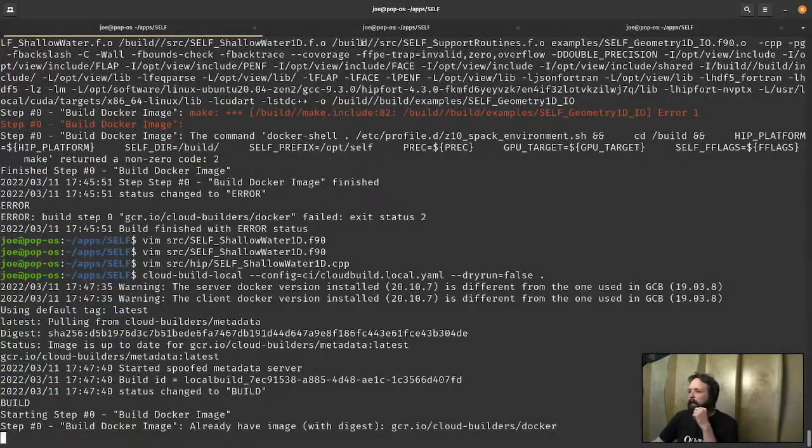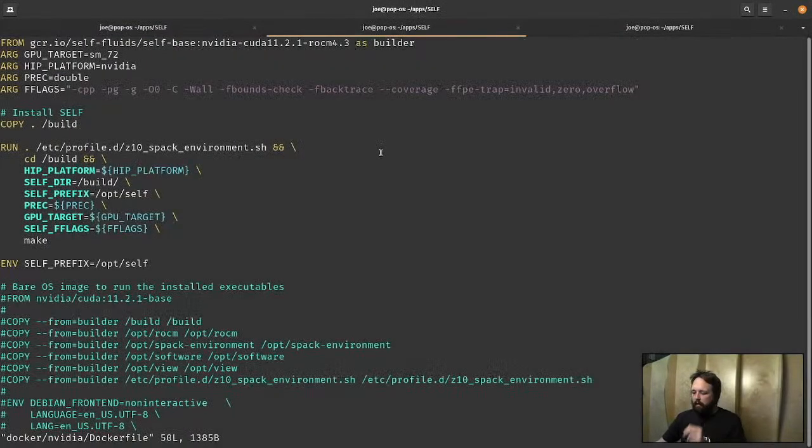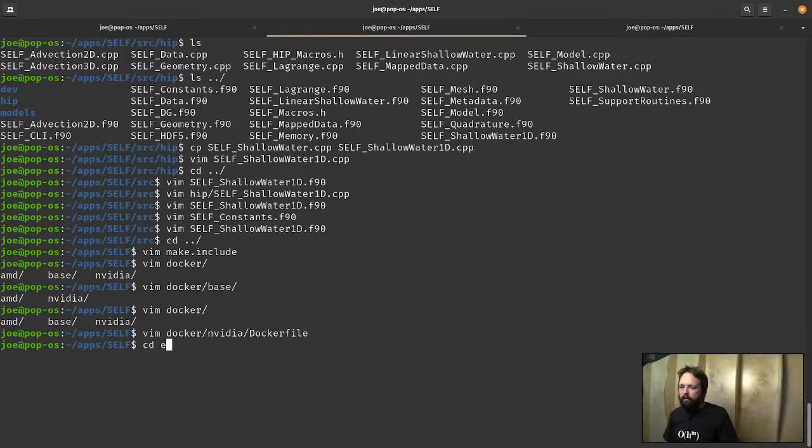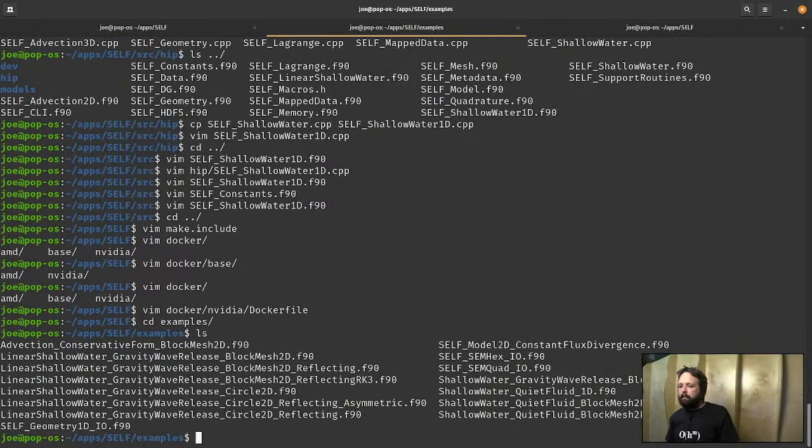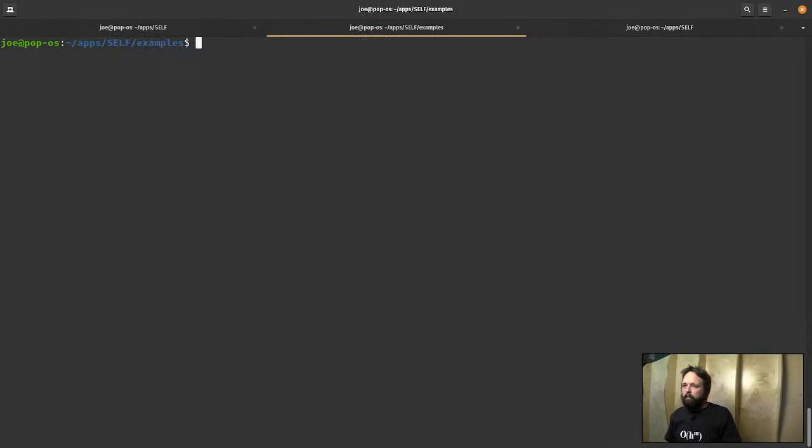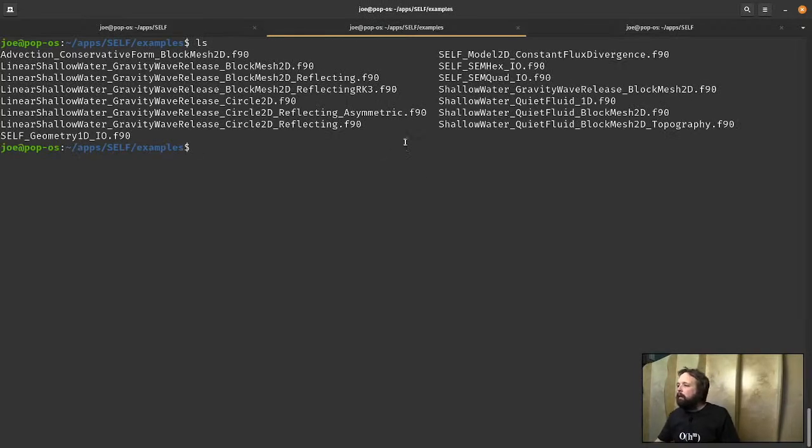Now the one thing I'll add here, when we were doing this test, we did add another example earlier today actually. Let me move that up. So I now have a quiet fluid example for the 1D system. So we're just doing the flat bottom right now.